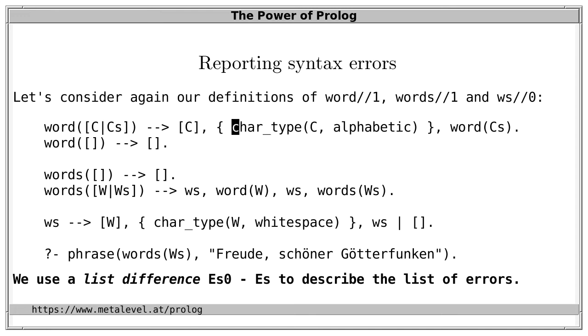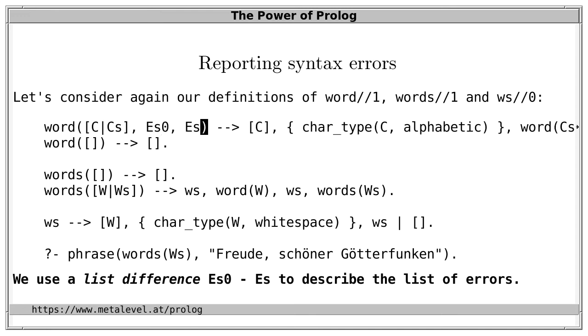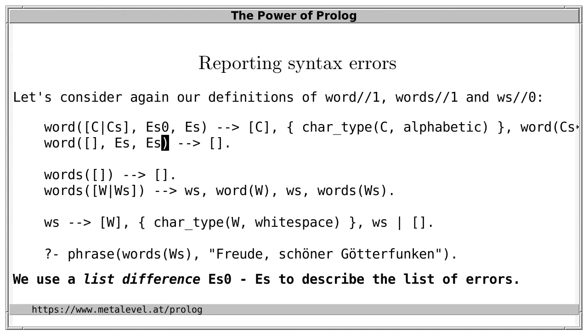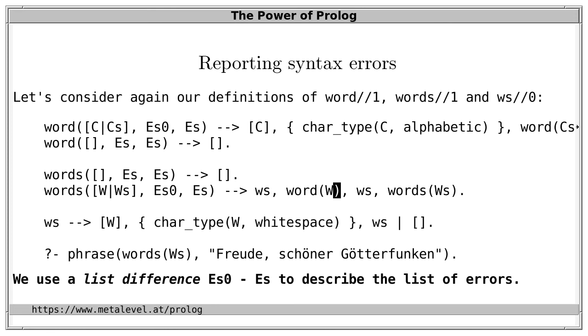So we equip each of these rules with two additional arguments, Es0 and Es. And for a start, we simply thread through these arguments, like this. And if there can't be any errors in a rule, then the arguments are simply the same. So the difference is the empty list for no errors, like here. And here, we again thread these arguments like this and this, okay?